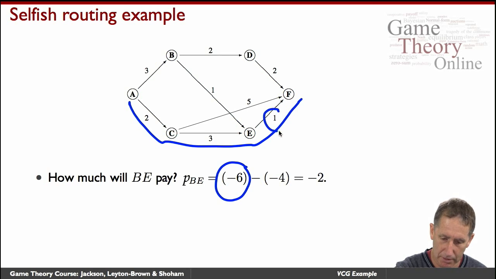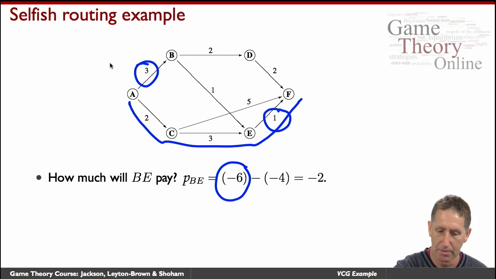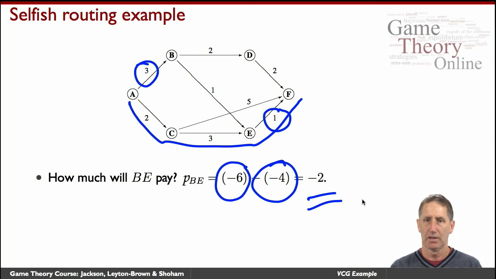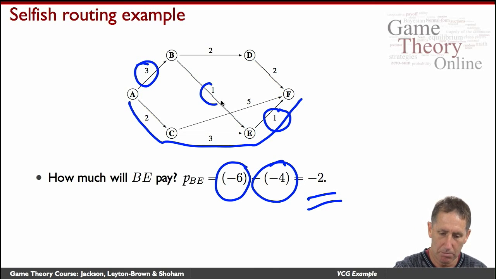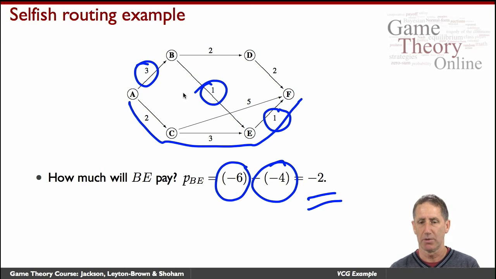Why is that? It's 1 plus 3, so this is the minus 4 over here. So the net of it is that the cost imposed by VCG on the link BE is minus 2. In other words, they would get a payment of 2, making again a profit of 1, if you wish.